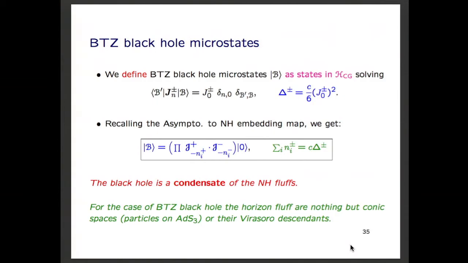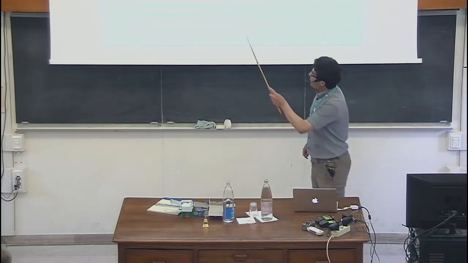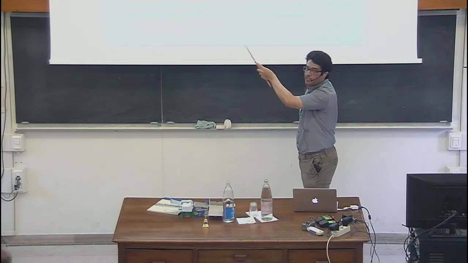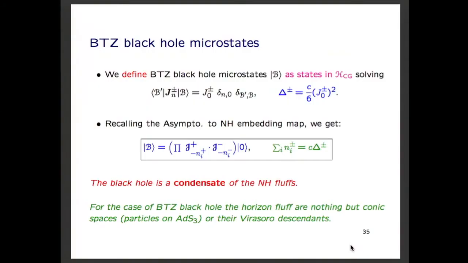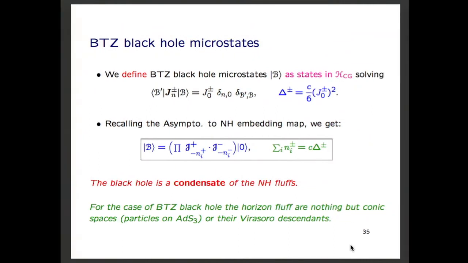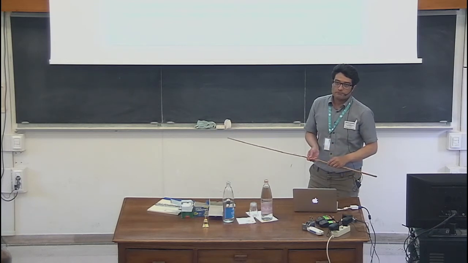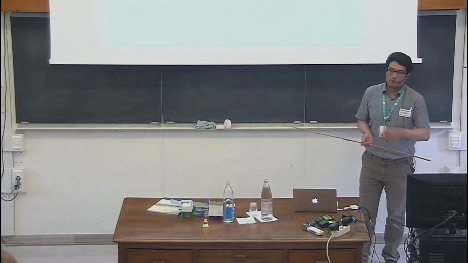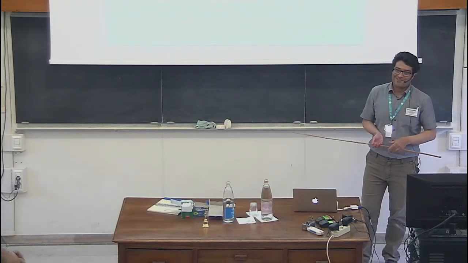Why not? I can give you a geometry which corresponds to the expectation value of this on some background state, but that's not the microstate itself. Okay, thanks. That's the expectation value of this operator, which would correspond to some close-by geometry.